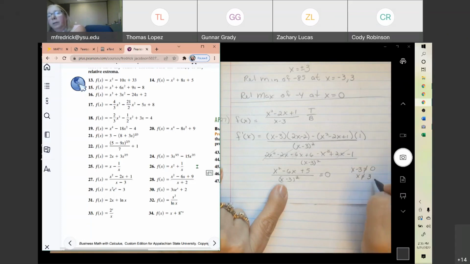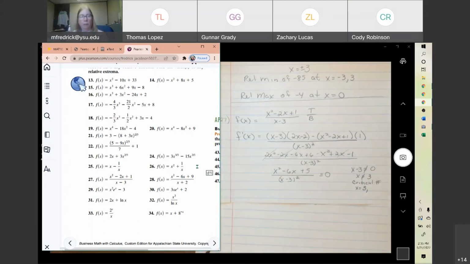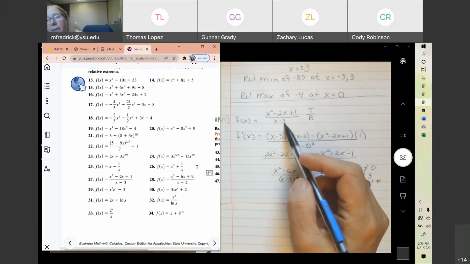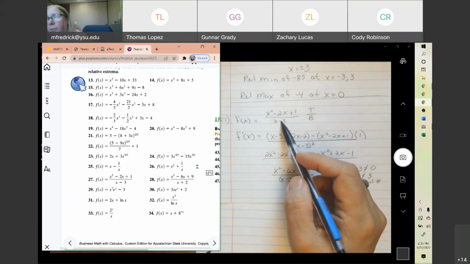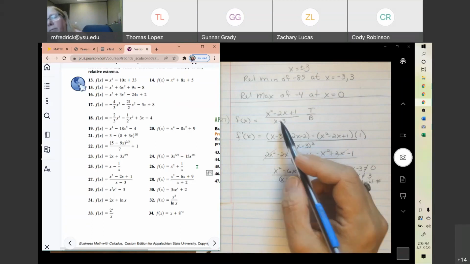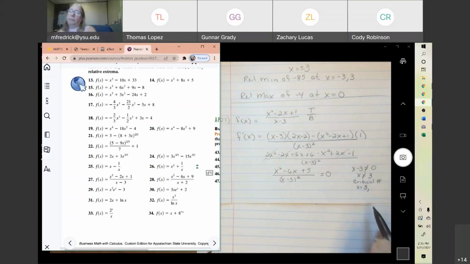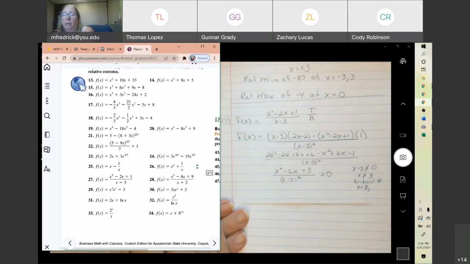That's a critical number then. It is a point where you have to check. Sometimes it's not a relative max or min, and sometimes it is. In this case, it's probably not, because x cannot equal 3 here either. But there are cases where it can here, but it can't here, depending on your derivatives. So you do need to check it.